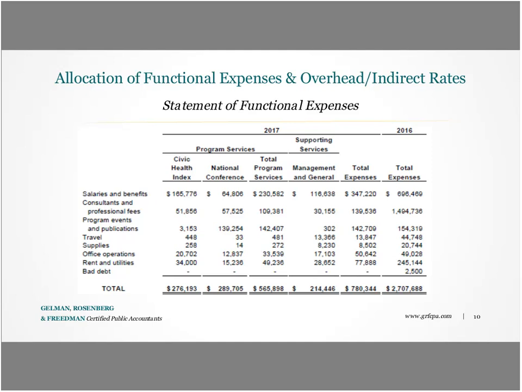Just taking a look at this statement from a ratio perspective, we could do a quick calculation of total program services of $565,000 over the total expenses of $780,000, and that gives us approximately a 73% program ratio, and conversely our supporting services ratio of approximately 27%.